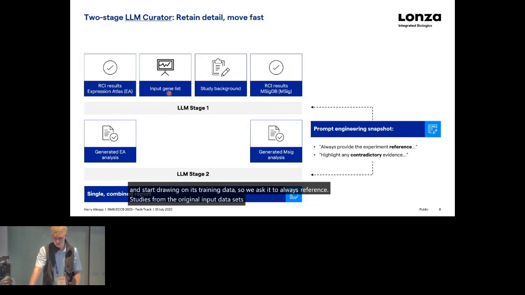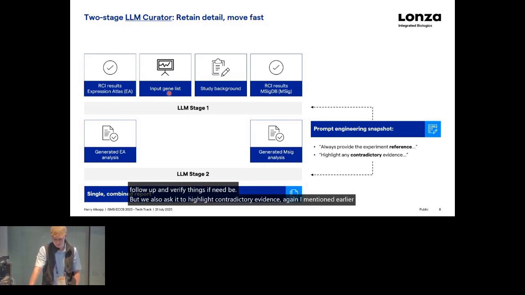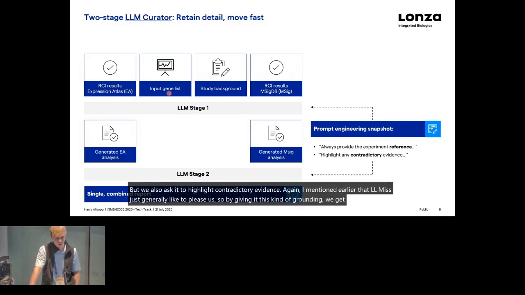So it provides the accession numbers so that we can follow up and verify things if need be. But we also ask it to highlight contradictory evidence. Again, I mentioned earlier that LLMs just generally like to please us. So by giving it this kind of grounding, we get a balanced response as well. So it also will tell us things that don't make sense according to the data.